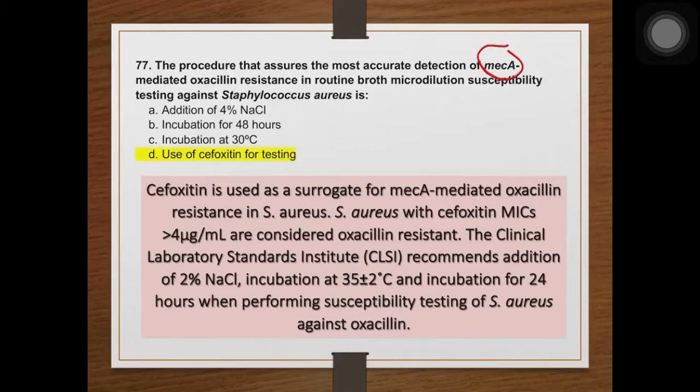Again, use of cefoxitin testing. S. aureus with cefoxitin MIC greater than 4 microgram per ml are considered oxacillin resistant. Correct answer is 77, letter D.